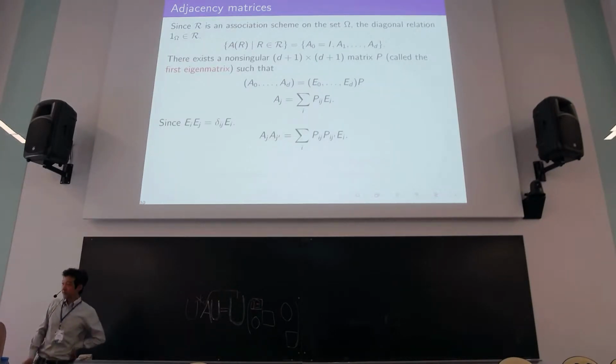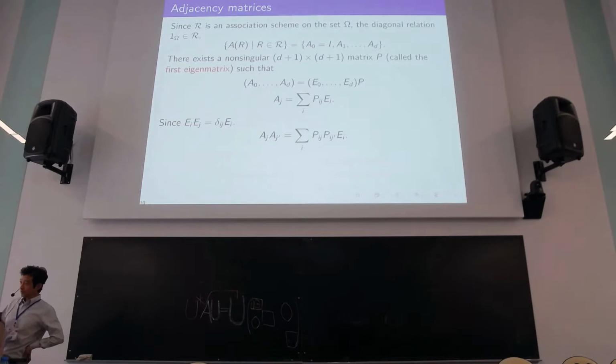Then, because primitive idempotents are very convenient for the ordinary multiplication, because the product is just zero if they are different, you can easily compute the product of two adjacency matrices. If you have two such adjacency matrices, you just multiply the coefficients component-wise. Because of this rule, you just get the product of coefficients. So, in a sense, this is very similar to the entry-wise product, because the coefficients are multiplied component-wise.